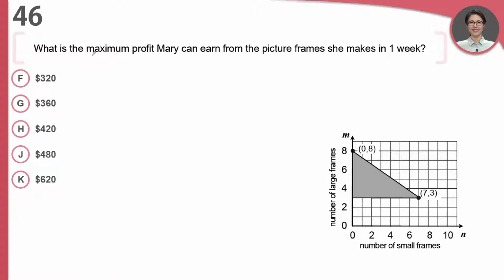Question 46. What is the maximum profit Mary can earn from the picture frames she makes in 1 week? We can use this graph and the equation 20 n plus 60 m to get the maximum profit. N means small, M means large. It's better to make more large than small because you get more money out of it. We have the point 0, 8 and the point 7, 3. We can find another point, 3, 6.